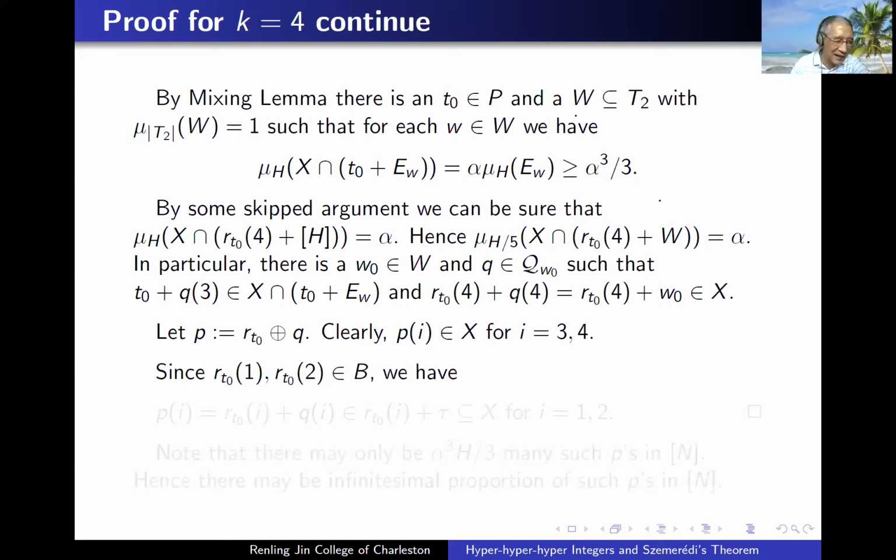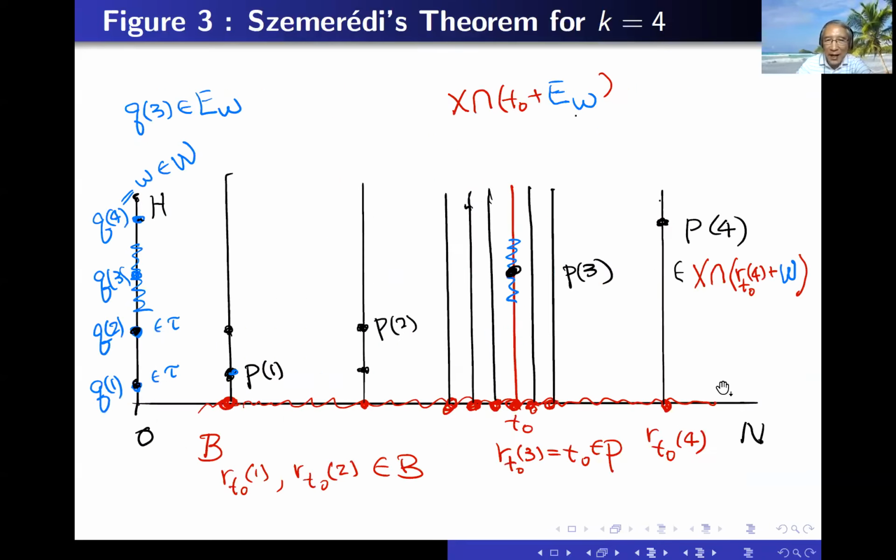I understand it's complicated, but let me just use the picture to explain. Okay, horizontally, I have a set B with positive measure in the star sense. Then we use Roth theorem's proof to create lots of 4 APs for each of the T0s. But we only need one for each T0.